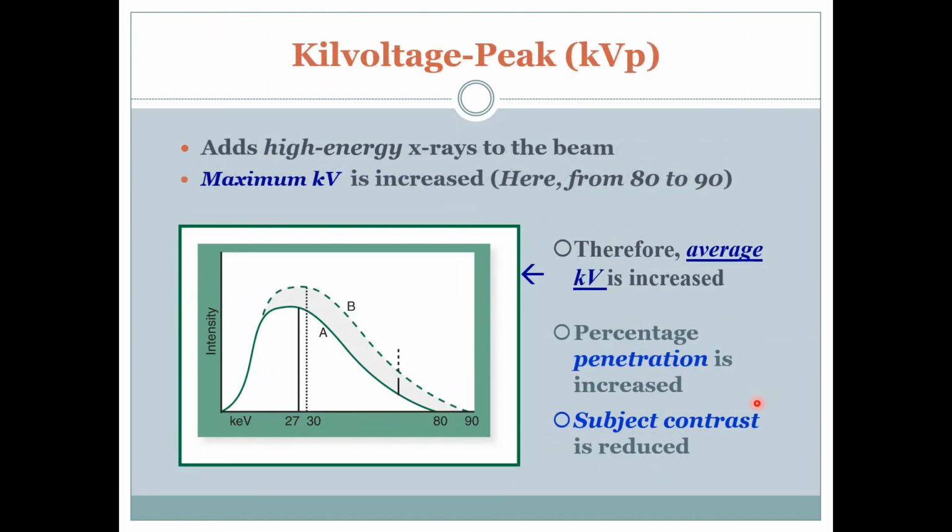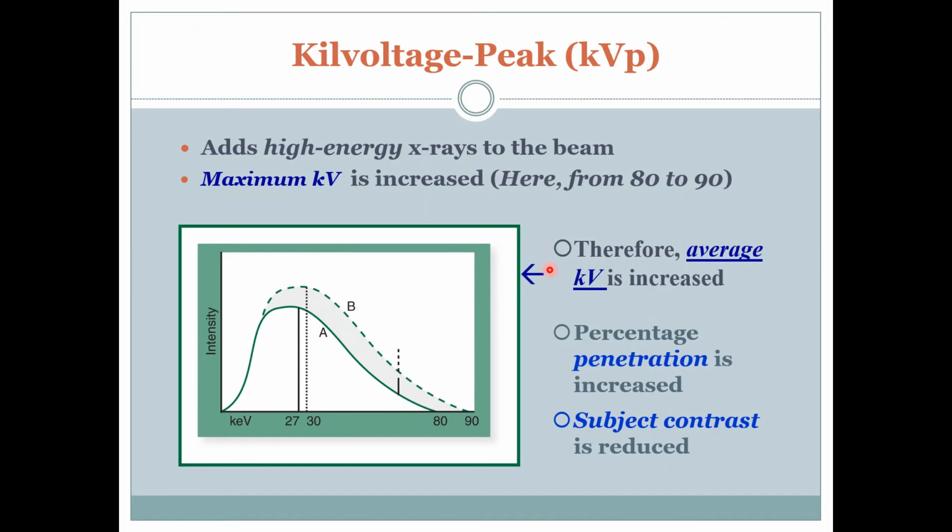kVp. kVp increases the intensity. So notice this is an 80 kVp to a 90 kVp exposure. The average beam energy changes from 27 to 30 keV, and the overall intensity increases slightly.